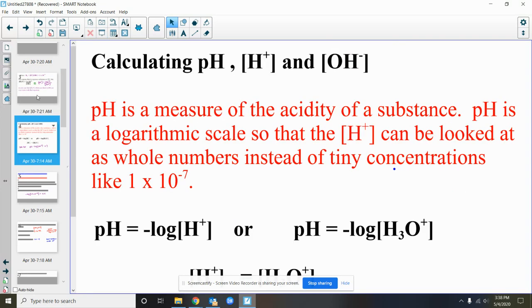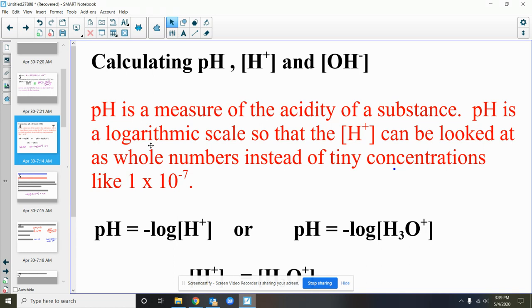Okay, so pH. pH is a measure of how acidic a substance is. So again, potential hydrogen, how much hydrogen is in that solution. The more hydrogen there is, the more acidic your substance is. So pH, we already mentioned in my first video, is a logarithmic scale.